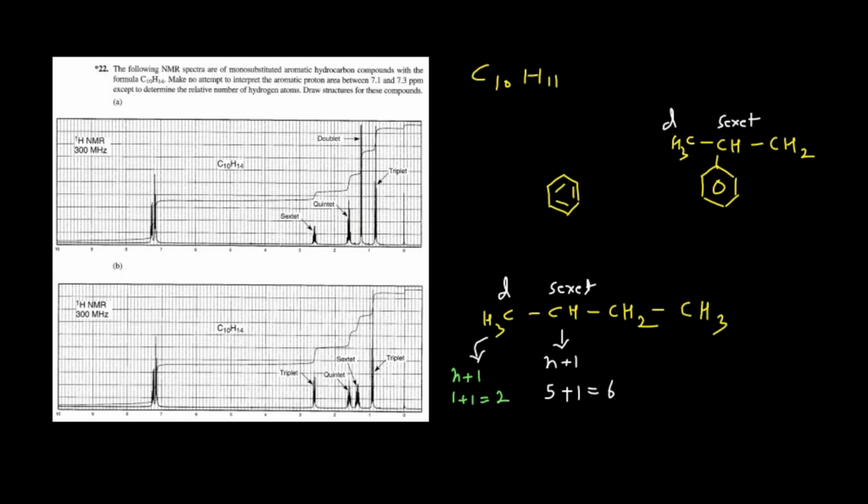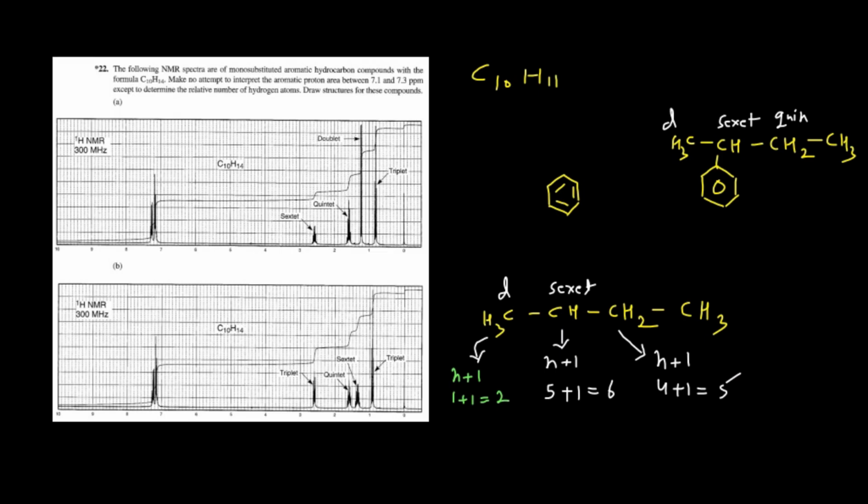If I put CH3 here, you are calculating for these two: 3 hydrogens are here, or 1 hydrogen is here. According to the n plus 1 rule, that is 4 plus 1 equals 5. This will give you the quintet. It clearly indicates that CH3 is here. So I am writing quintet for this.